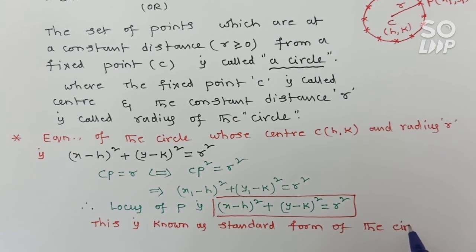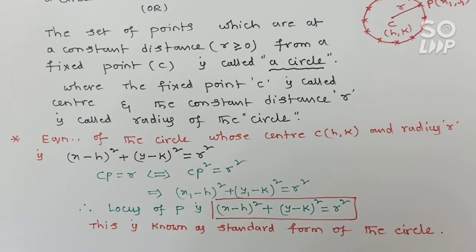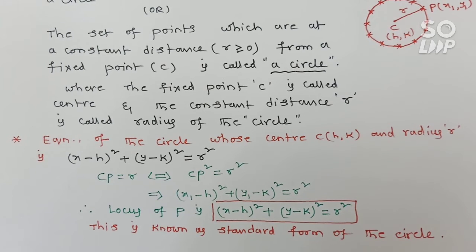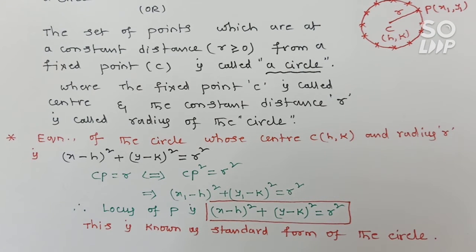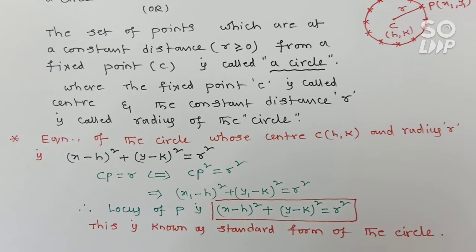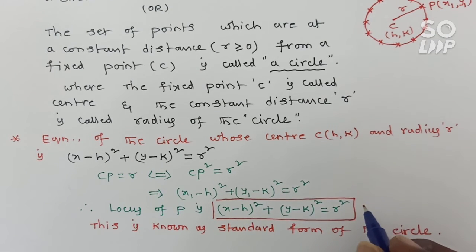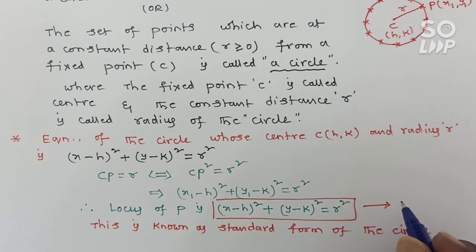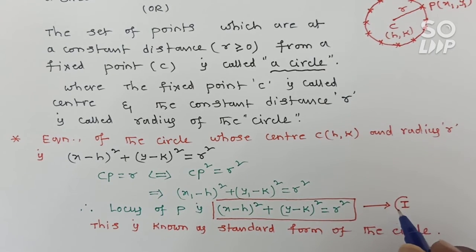Okay, so I hope that everybody understands this concept. This is the definition of the circle and how to write the equation of the circle when the center is (h, k) and radius r. That is (x minus h) whole square plus (y minus k) whole square is equal to r square. Now you take this one as Roman number 1.